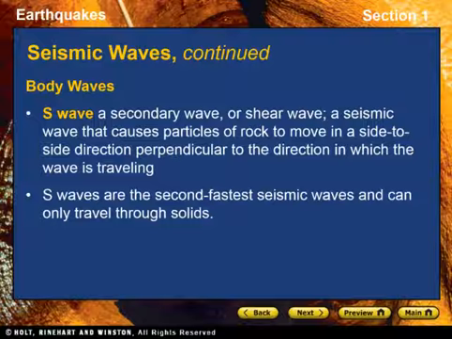S waves are the second fastest seismic waves, right, behind P waves, but they can only travel through solids. And so, if an S wave comes up against a gas or comes up against a liquid, that wave is going to simply stop. It cannot continue any further.